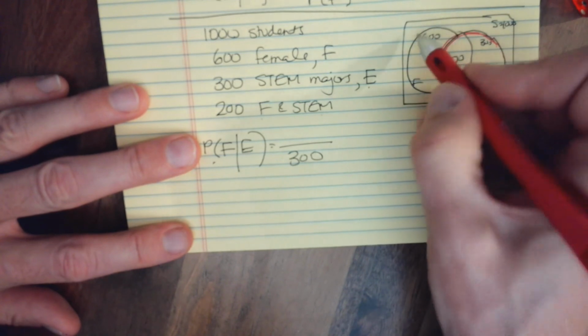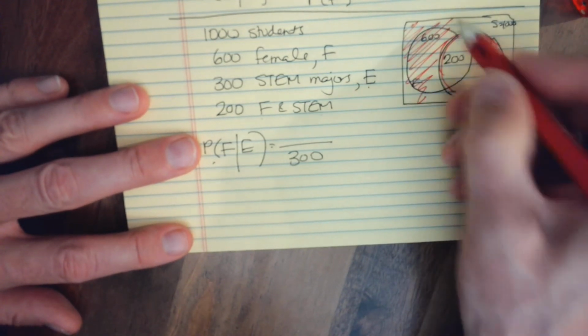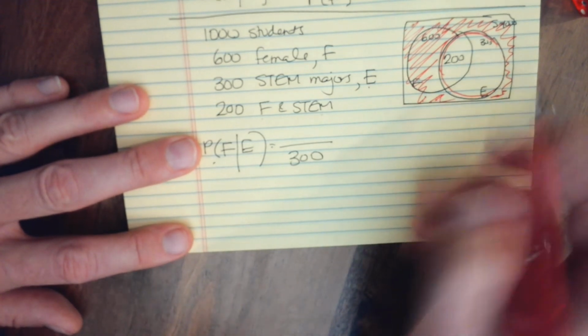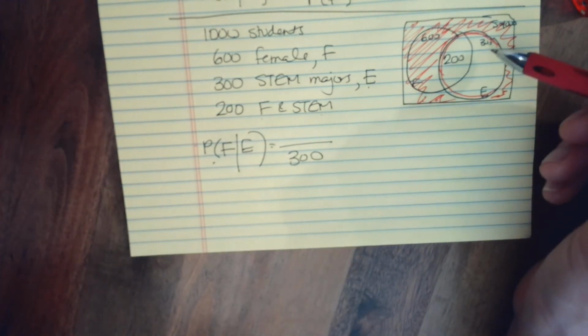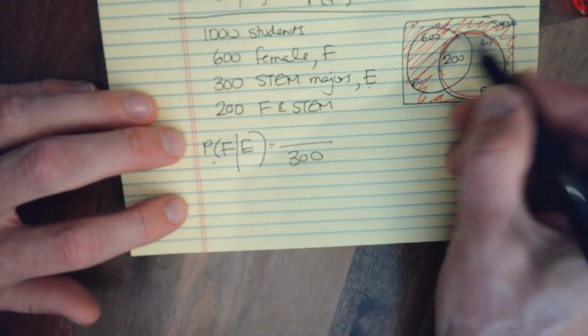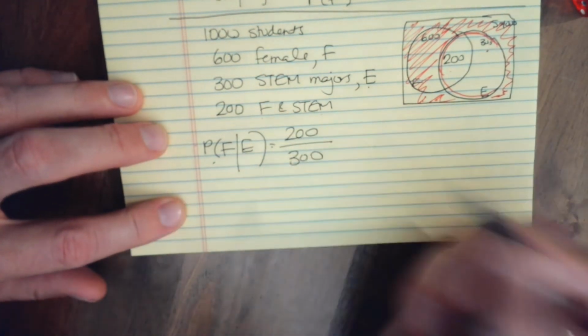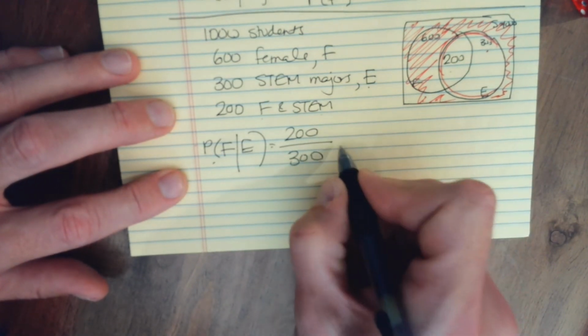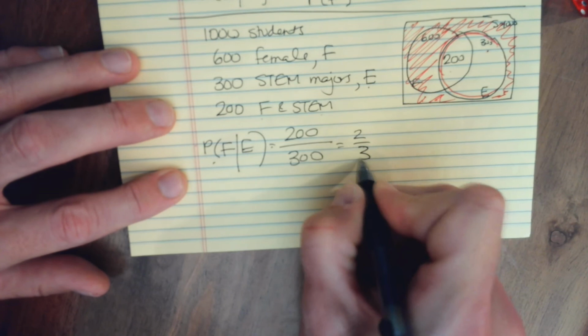Nothing else exists out here, so this goes away as far as the possibilities. I have 300 from which to choose. Now, what's the likelihood that I will choose a female student? Included in this 300 are 200 female STEM majors. So there's a 200 out of 300 chance, which reduces to 2/3.